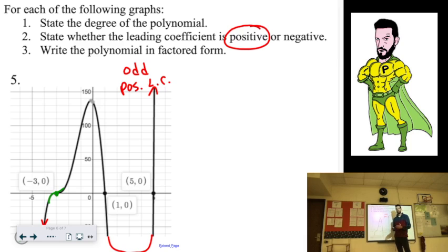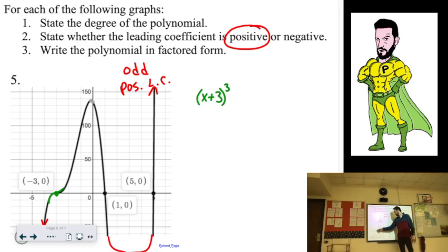The lowest odd exponent would be 3, because we don't include 1. If it had a multiplicity of 1, it would just cross right through that point. But this one has that bend, so we would write that as x plus 3 to the 3rd power.